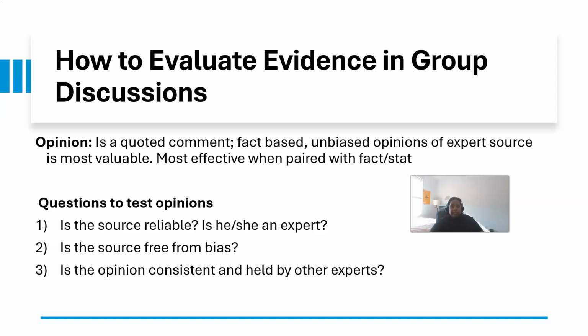Now, the most effective opinions come from experts in the field. Those same experts might have their studies with the hard facts and stats, and because they interacted with the field, they studied the field a long time, their expert opinion holds more weight than maybe someone on YouTube or TikTok giving their own opinion, right?